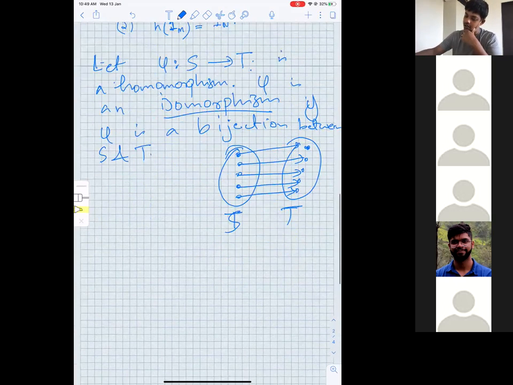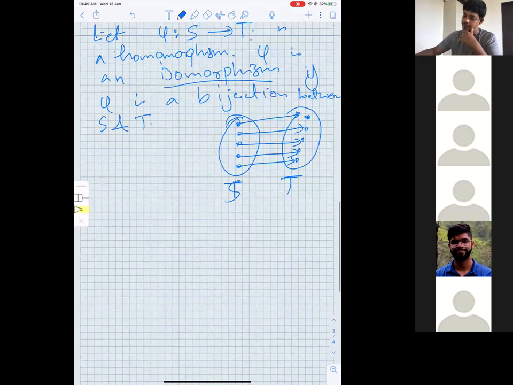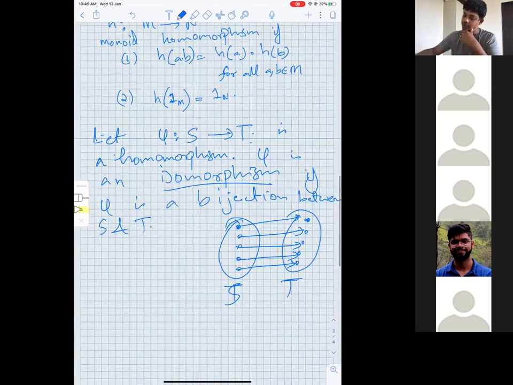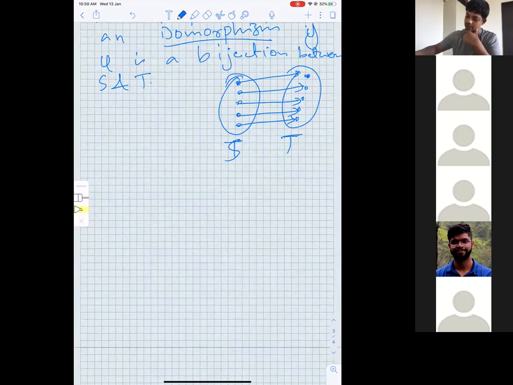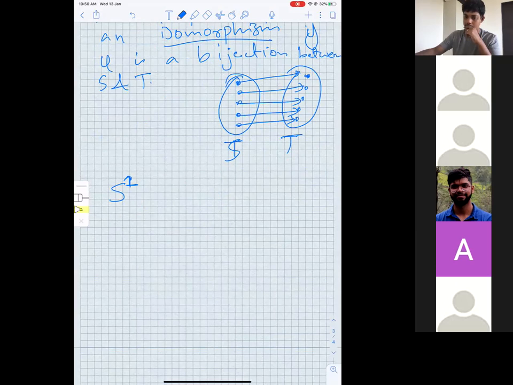Let's take an example. If S is a semigroup, what is S1? Last time we introduced this notation: adding an identity to the semigroup. So if S is a semigroup, S1 is a monoid.